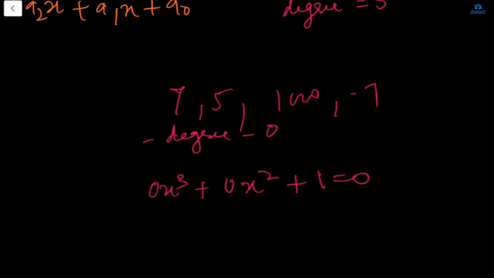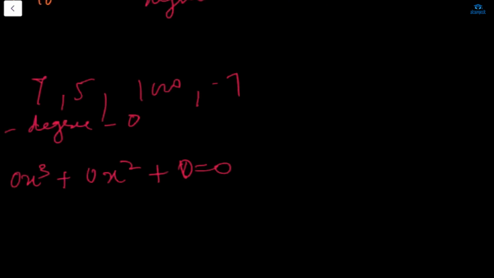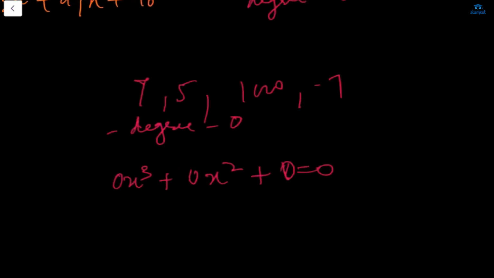Zero is multiplied with x cube, so the whole term becomes 0. So the degree of the zero polynomial is not defined, because the highest degree cannot be found. It can be 0x to the power 4, any such term can be used. That's why the degree of the zero polynomial is not defined.